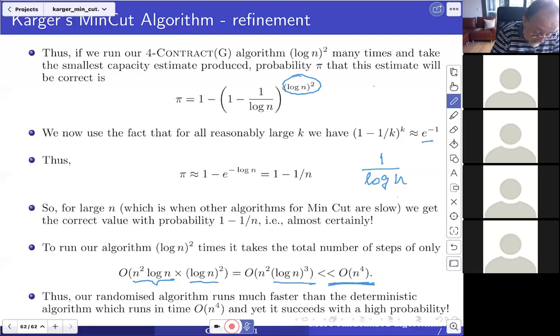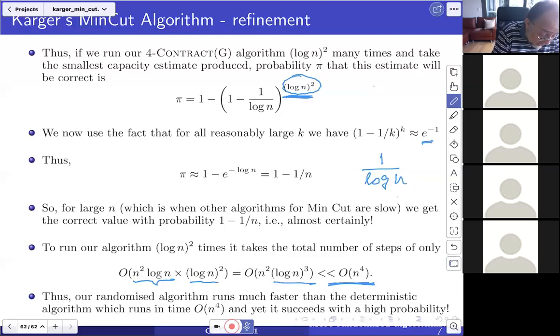Because 1 minus 1 over k to the power k is just 1 over e. So if you run your algorithm only log n many times, the probability of success will be 1 over e, which is about 1/3, which is not bad, right?